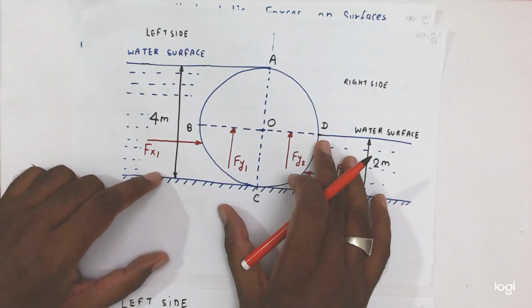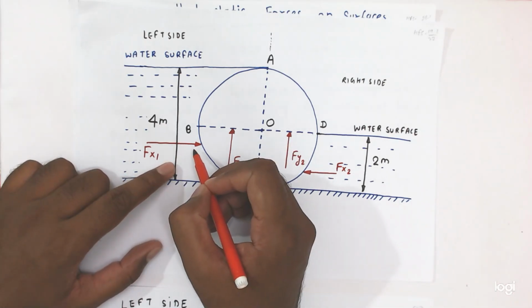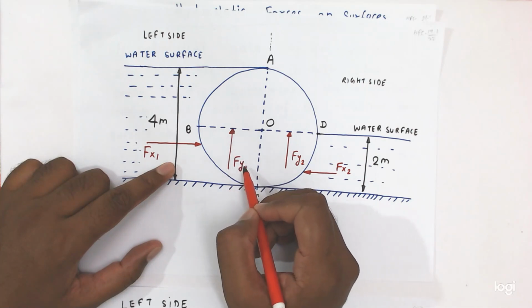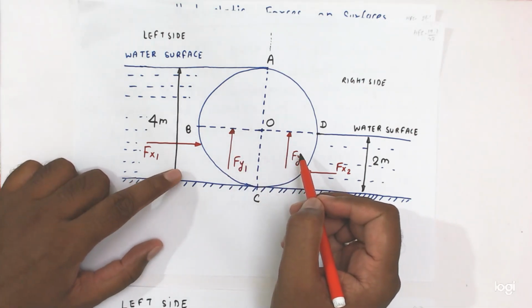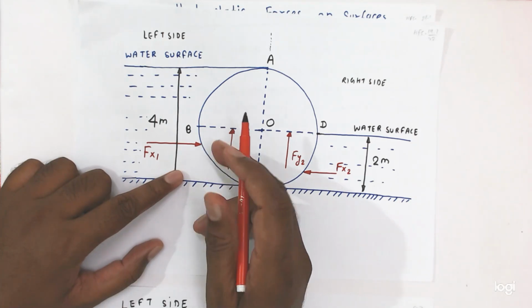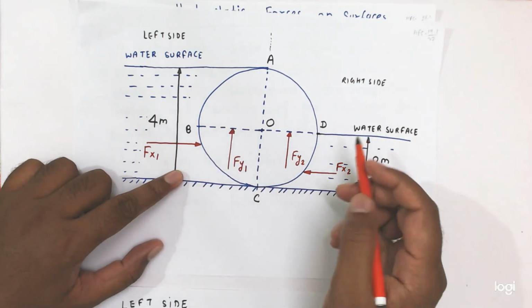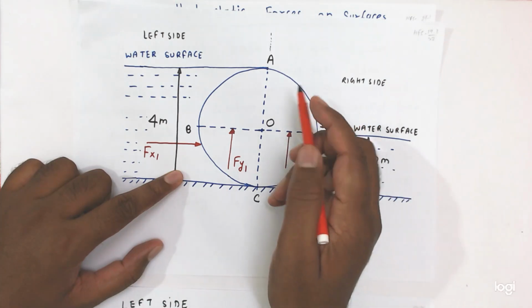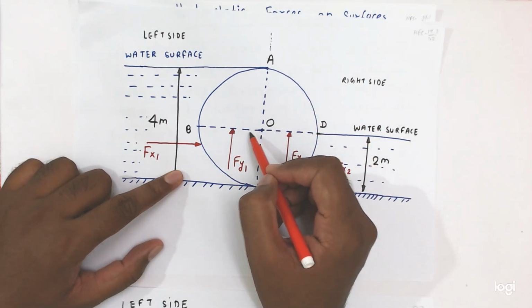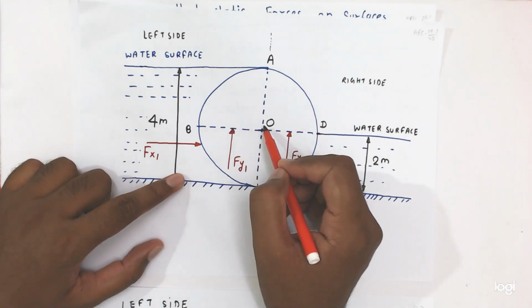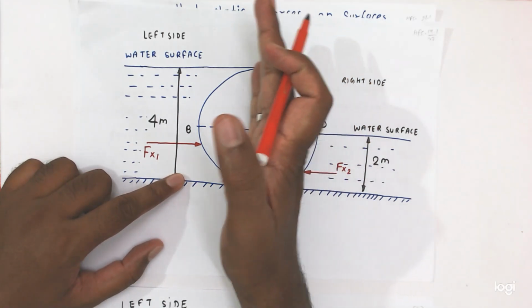In this diagram you see what is the location of this fx1 and fx2 and what is the location of this fy1 and fy2. We know that friends, the horizontal component of force is working on the center of pressure. So we have to determine the center of pressure on this side, left side, and center of pressure on the right side. And if the vertical component of force is there, it is working at the center of gravity of this half part.